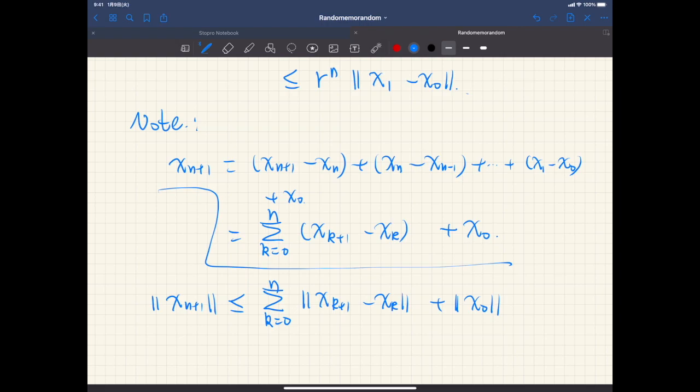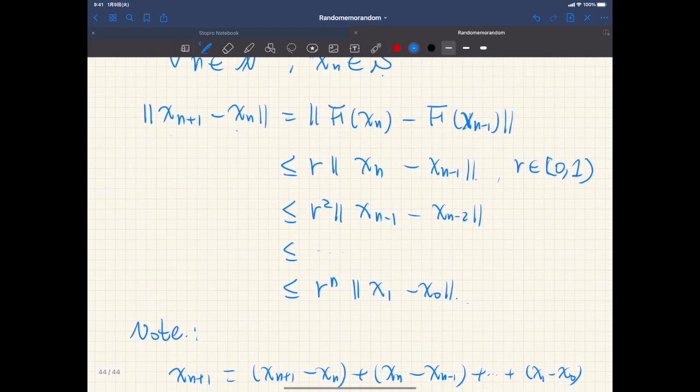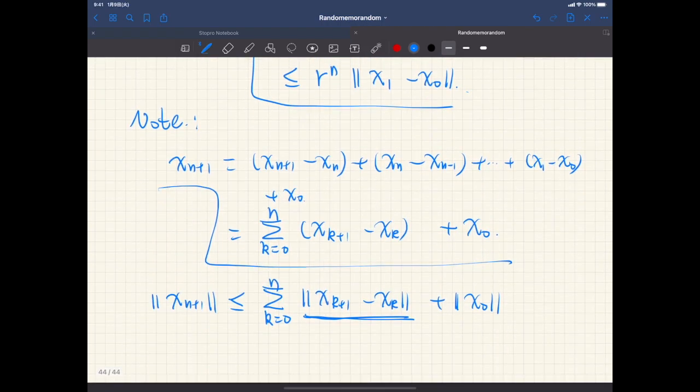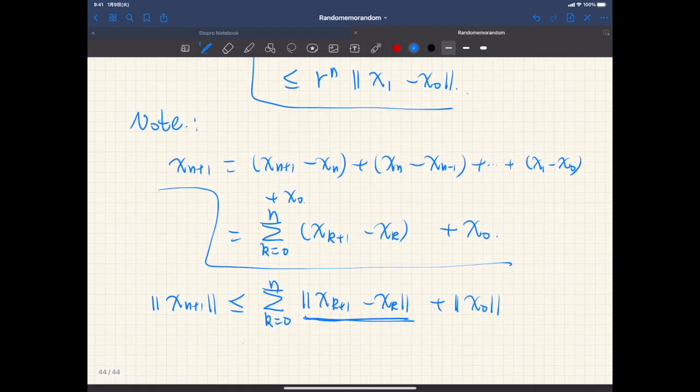But now for each of these terms, we can apply this inequality. So this is less than or equal to r to the power of k times the norm of x1 minus x0. But this is a constant, and so apart from this constant, this is just a geometric series.